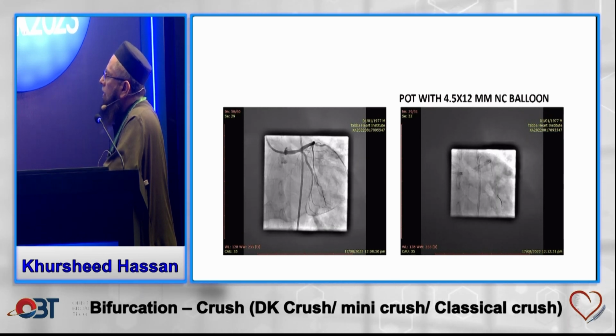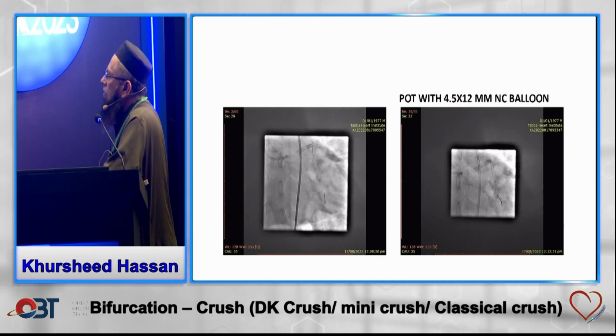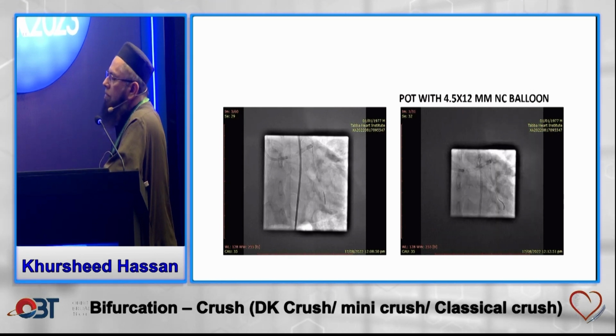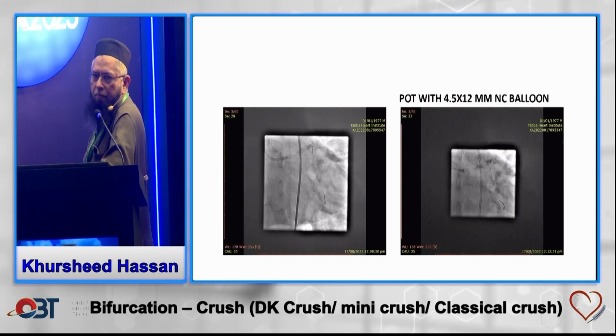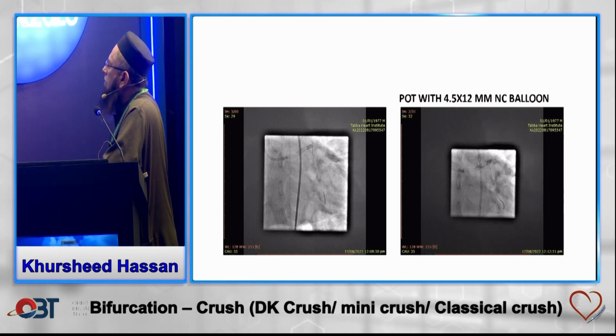Now if you look at it, when you have crushed this stent, the ostium does not look that big. So you have to recross it. The next step is the first POT with the big balloon. This is a 4.5 by 12, making sure that your distal marker is at the carina.